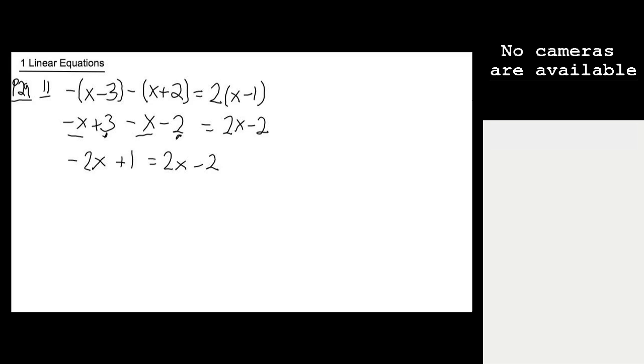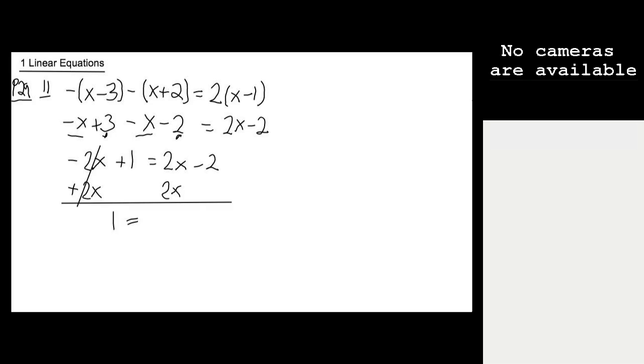Sometimes you're told to bring the negative 2x to the other side and it becomes positive, which is fine, of course. But really what's happening is you're adding 2x to both sides. So if you add 2x to both sides, you'll get the same answer, of course. But what will happen is negative 2x plus 2x, they'll become no x, it'll cancel out. And we'll be left with 1 is equal to 2x, and 2x is, of course, 4x, take away 2.